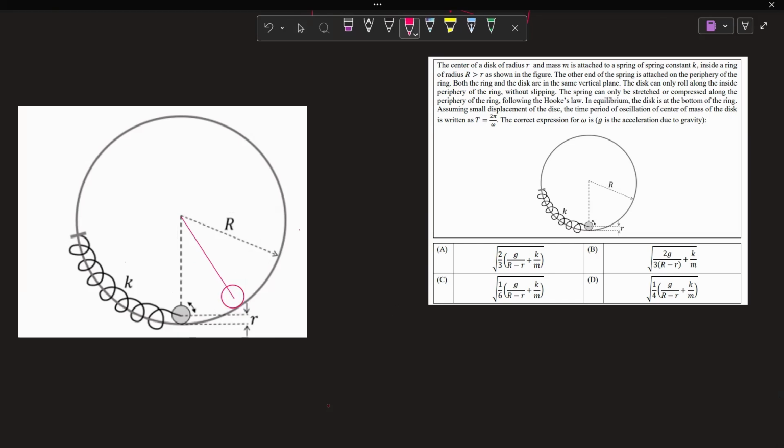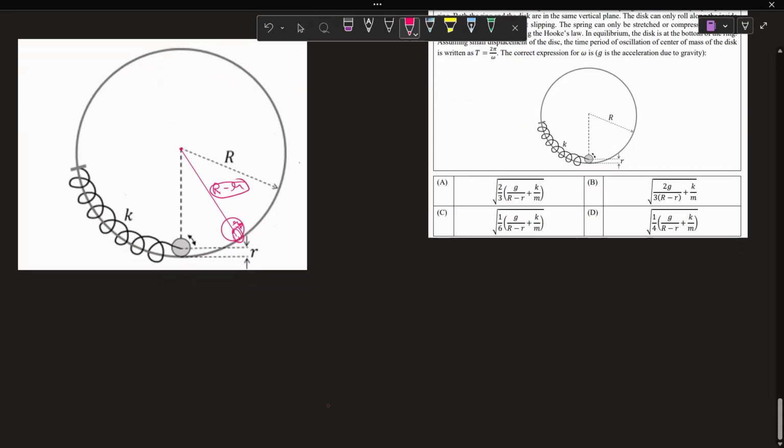The radius of the ball is small r, and this big radius is capital R. So the distance between the center of the disc and the center of the ring is capital R minus small r, subtracting this length. So we get R minus small r. Now what we'll do is consider the initial potential energy and the final potential energy, from here and here.